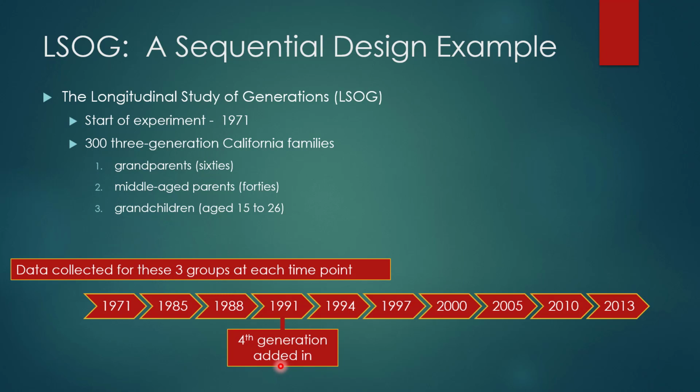And so this is a fully elaborated generation sequential design that allows comparisons of sets of aging parents and children at the same time of life, but also during historical periods.